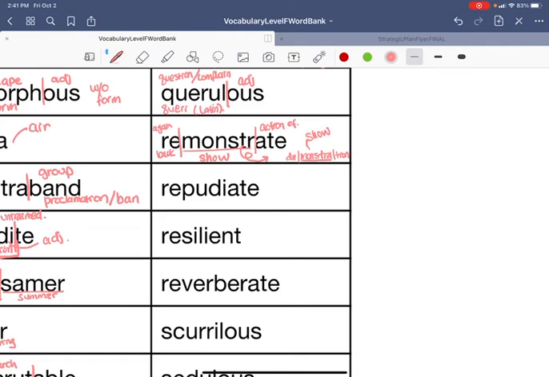And show means maybe you're trying to protest by showing you're against, making a show of, showcasing something.